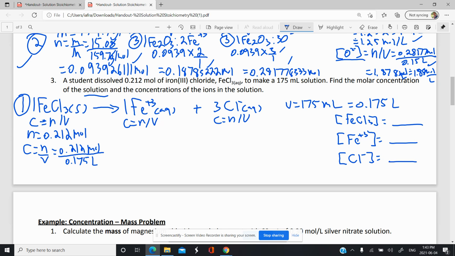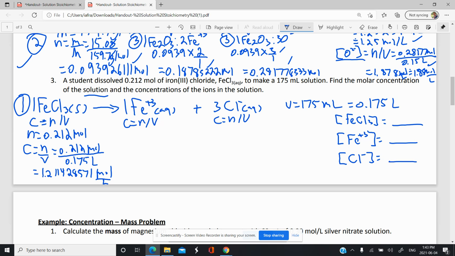So 0.212 divided by 0.175, and we get 1.211428571 moles per liter.